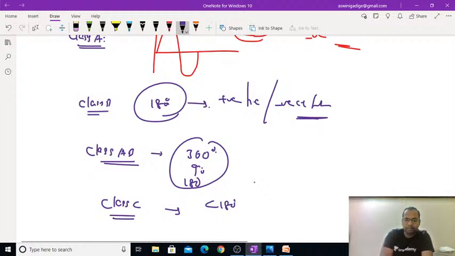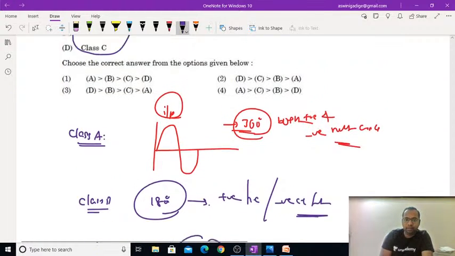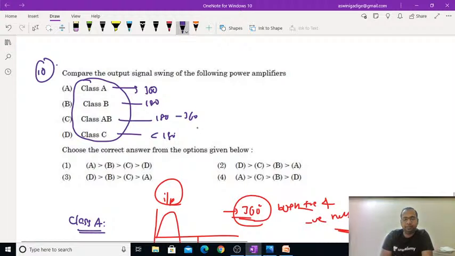Now based upon this, decide yourself, guys. I told that class A is 360, class B is 180, class AB is 180 to 360, class C is less than 180.